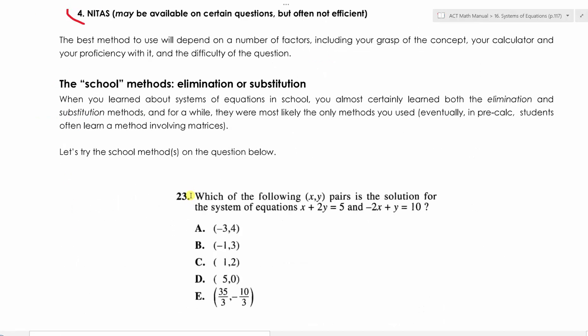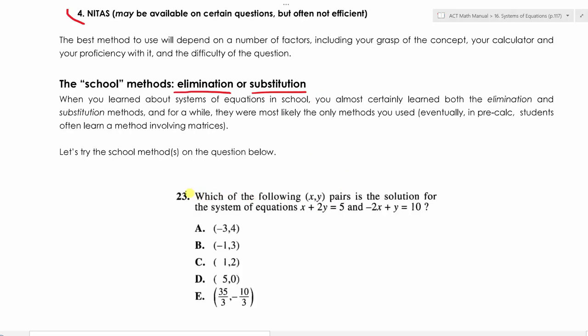So we're going to look at several of the methods over the next question. We're actually going to do this question a few times. So first we'll look at the school methods. Most of you might remember hearing something about elimination or substitution or both, hopefully both.